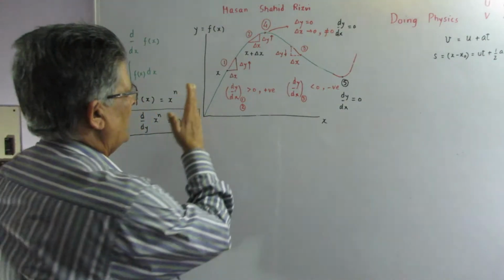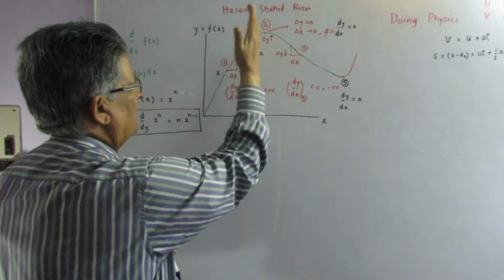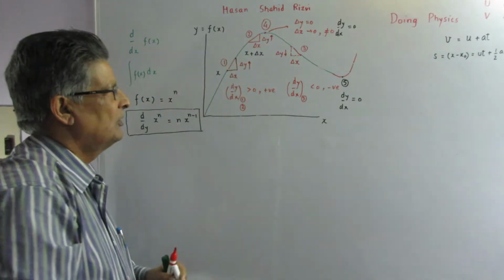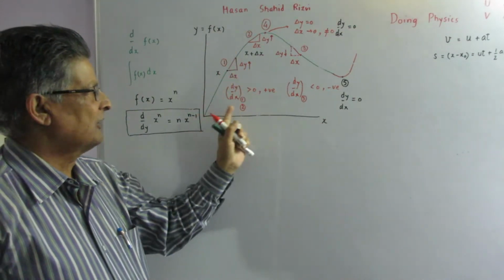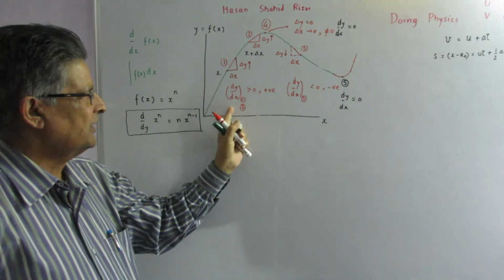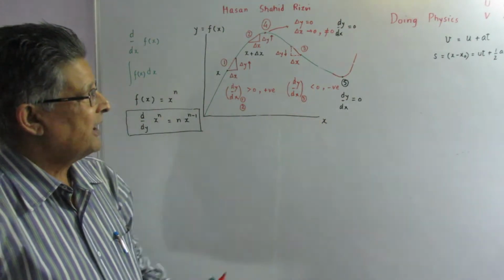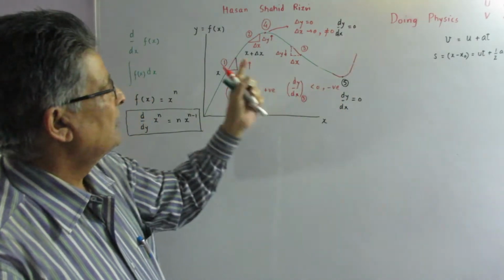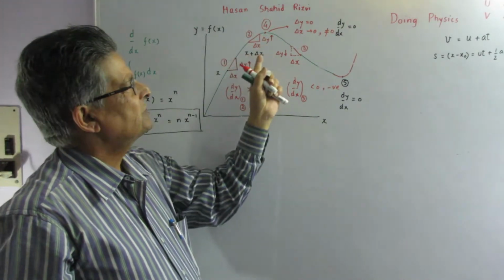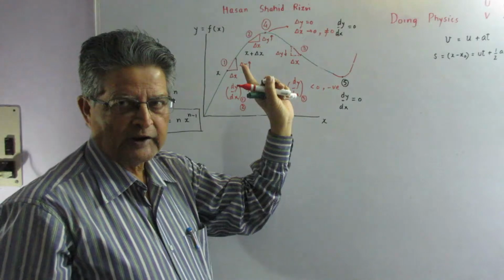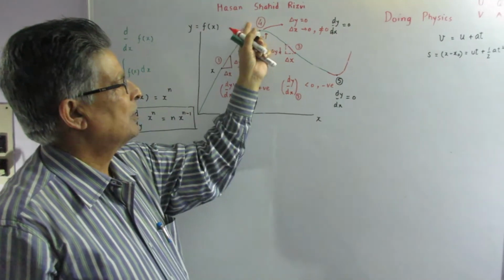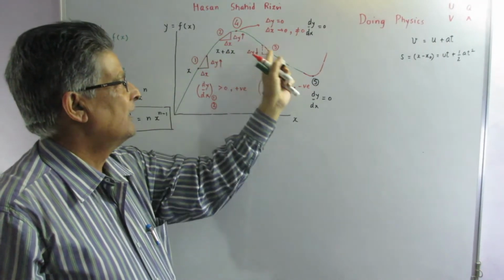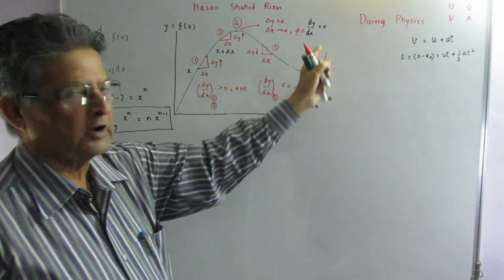So I make a keema of this curve at equal intervals of x, and I find what is the value of delta y upon delta x, that is dy over dx, could be positive, could be negative. If it is a continuous curve like it appears to be for any given function, then this has to have a 0 value of dy dx, which number 4 or number 5 shows, that this is the top of the curve, and this is the bottom of the curve.